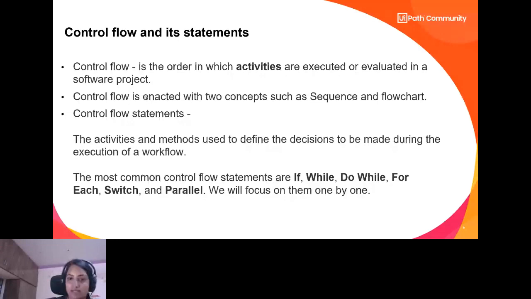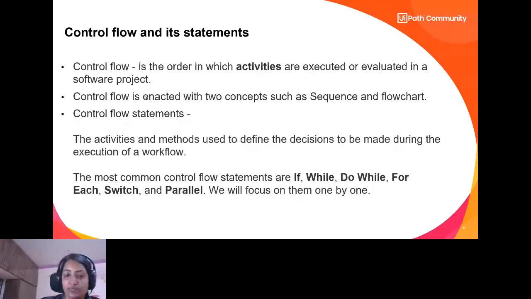And the most used control flow statements are if, while, do while, for each, switch, and parallel. These are the control flow statements we will be using most. It is not only these. We do have other different types to loop, like for each row for a data table.